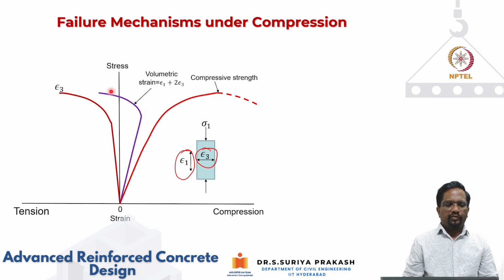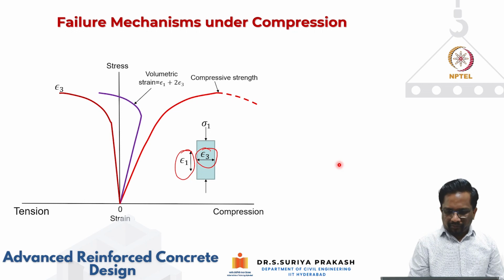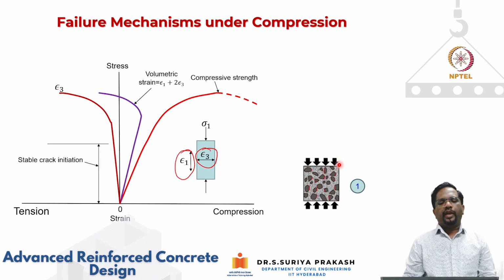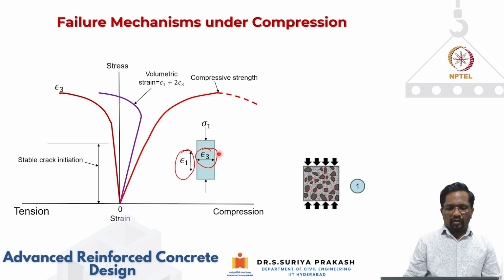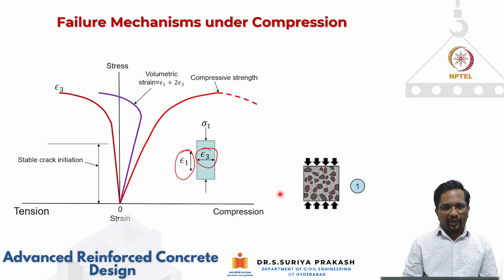Then after a certain point of time, again you see here the compressive strain will change into tension because the concrete is going to start dilating. Now let's see what exactly happens. Okay, so if I take a small element within this cylinder and look at it, initially as I apply more and more compression, there will not be any crack.